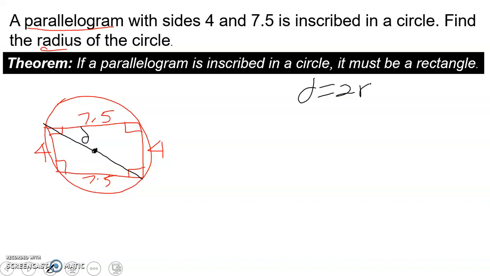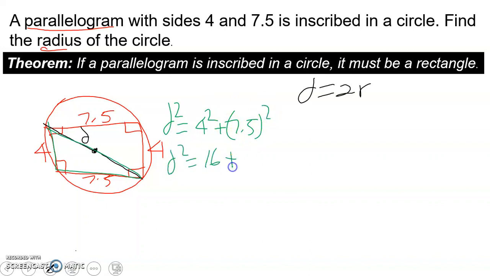So using the Pythagorean theorem on this right triangle, D squared is equal to 4 squared plus 7.5 squared. So D squared is 16 plus 7.5 squared, which is 56.25.